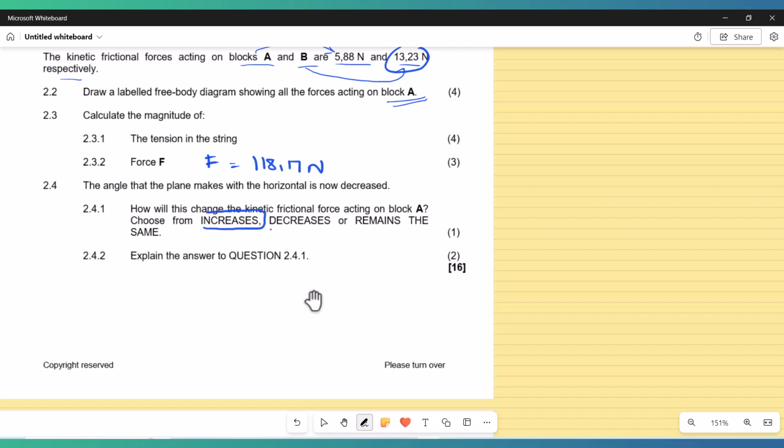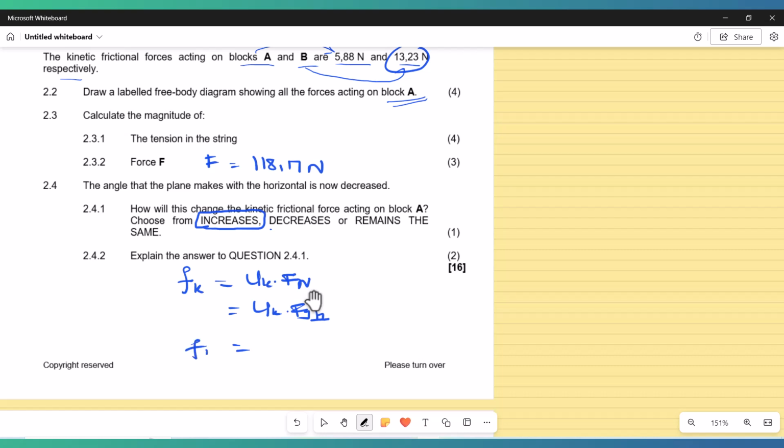Now they say if you did not guess, explain how. The frictional force Fk is equal to the coefficient times F normal. For the inclined plane, our F normal is the same as FG perpendicular. Now, when the angle is decreased, our FG perpendicular is going to increase.